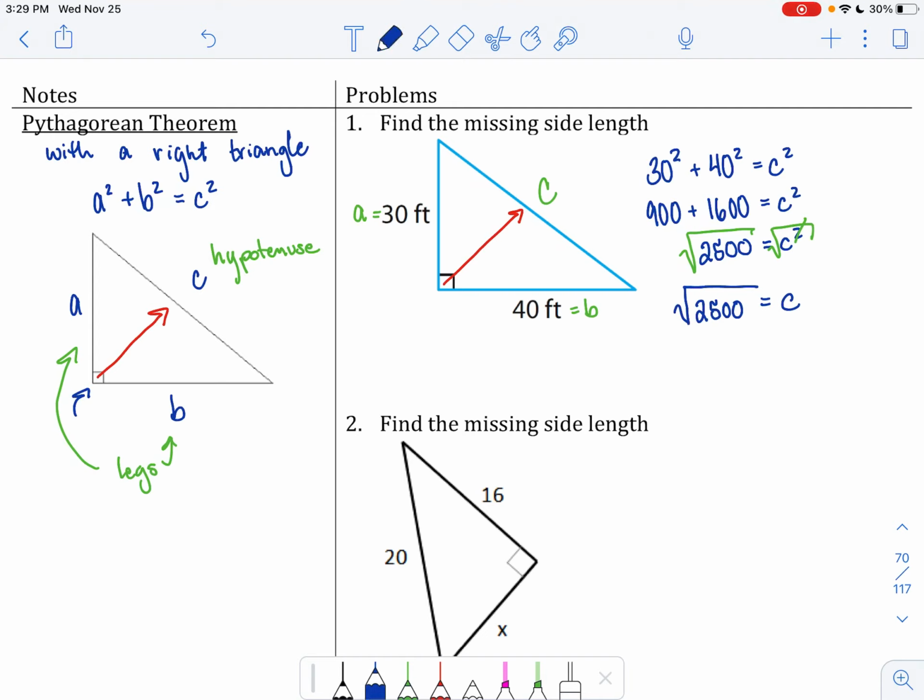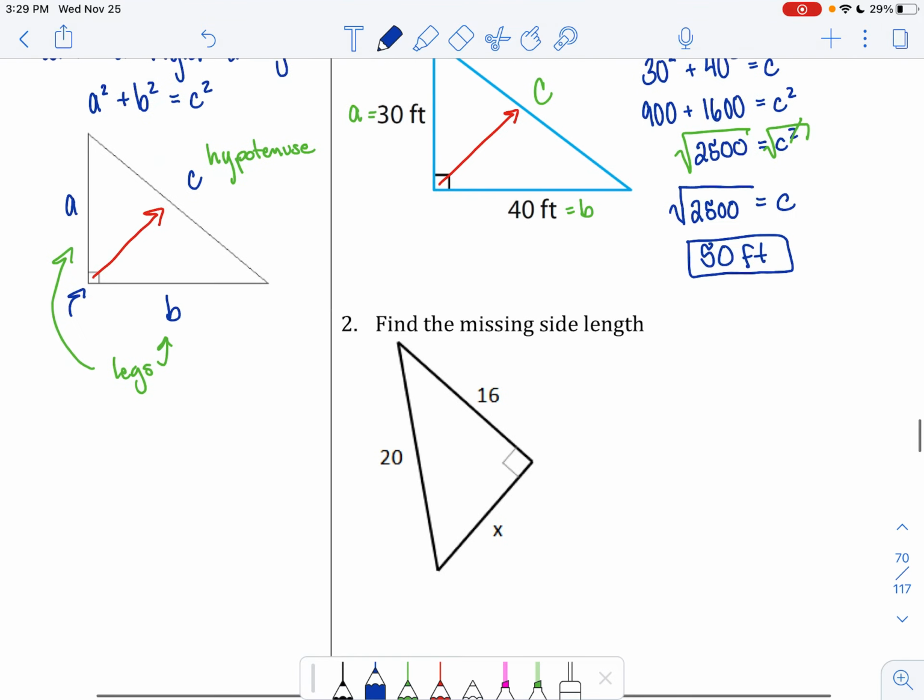Now here you might be able to logically conclude, since the square root of 25 is 5 and the square root of 100 is 10, that this would be 50. Or you can use your calculator, whichever one you prefer. And don't forget the units. Here we had feet and feet, which means that our answer C is 50 feet long.